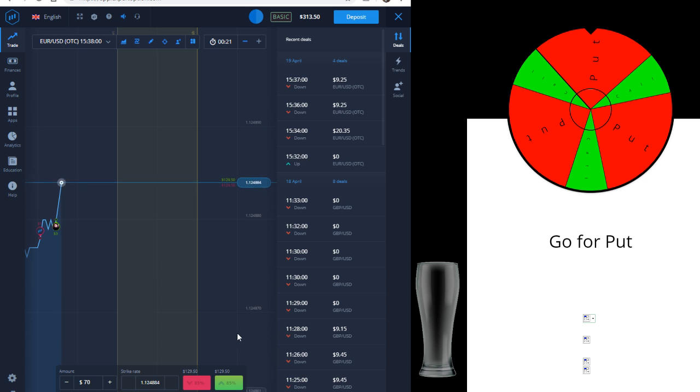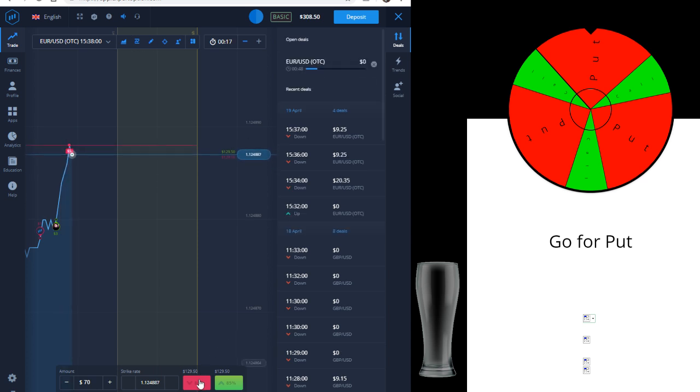Okay, so I just have to wait for the spike again. I hit another €5 one.